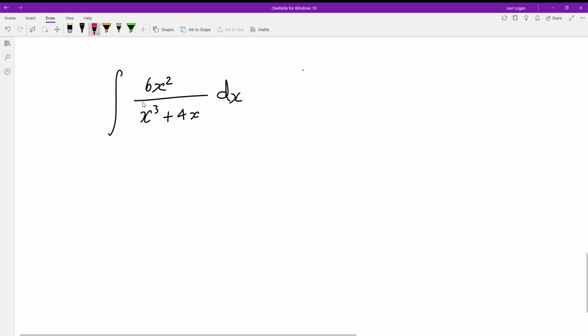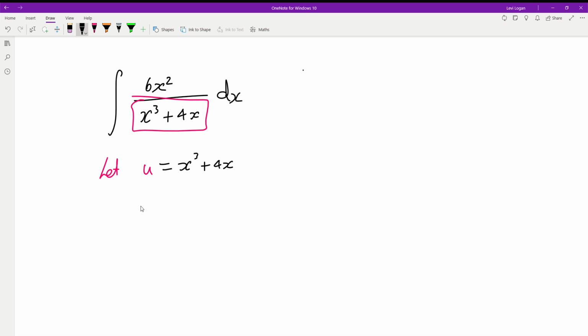Alright, so I'm going to let this one be my u. So let u equal x to the 3 plus 4x. Differentiate both sides with respect to x, and you're going to get 3x squared plus 4. Okay.